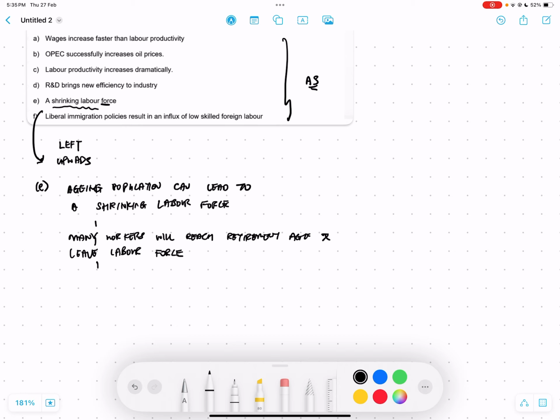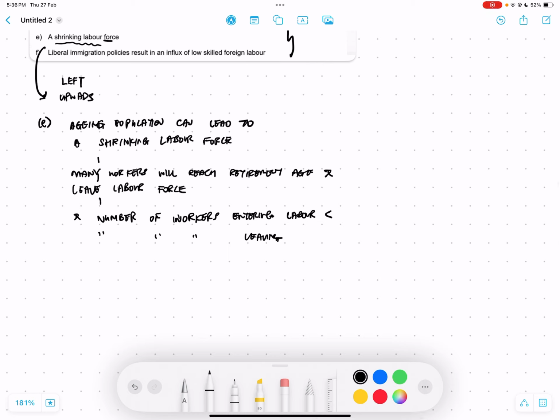So many workers will reach the retirement age, for example, and start leaving the labor force, and the number of workers entering the labor force is less than the number of workers leaving, just because of shrinking birth cohorts, right? So that's how you get a shrinking labor force.